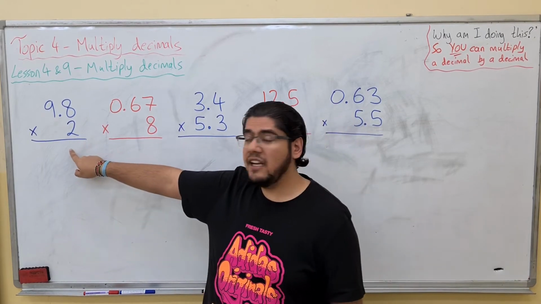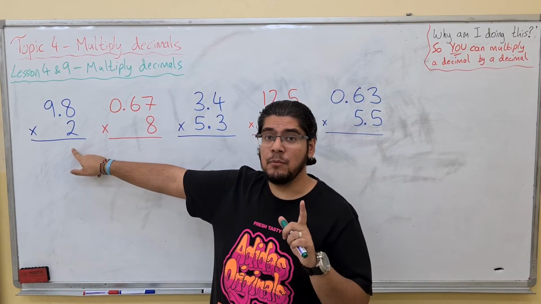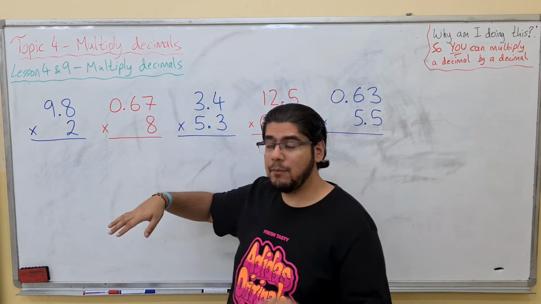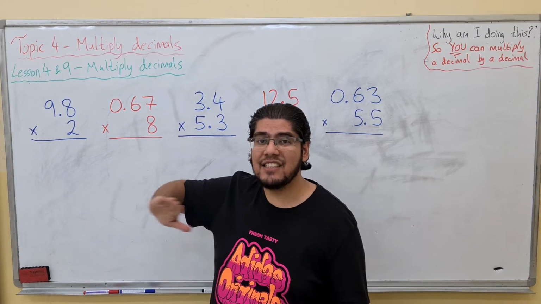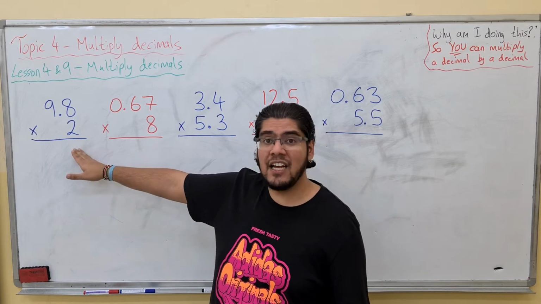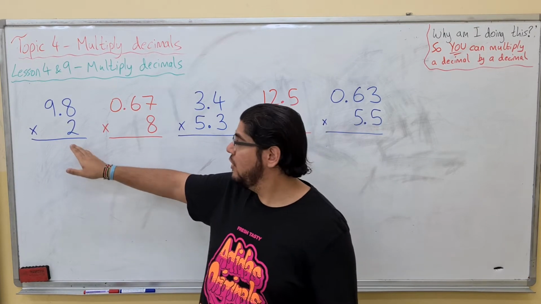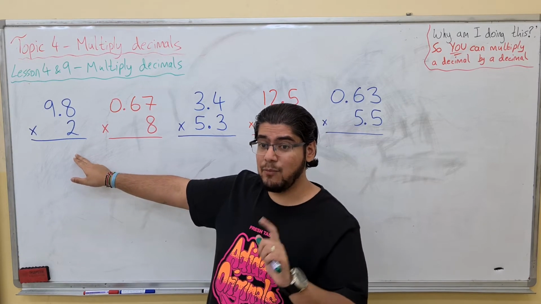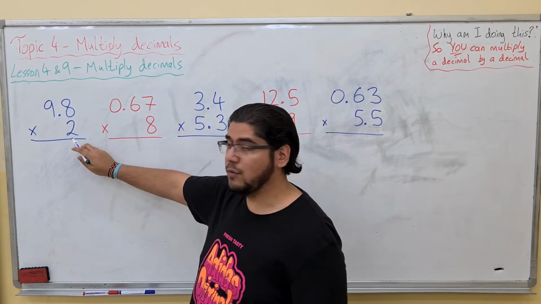So, this will be 98 multiplied by 2. Okay? So this is the first step. Ignore the decimal point. Multiply as normal as you know how to do. So this is 98 multiplied by 2. That's step 1.